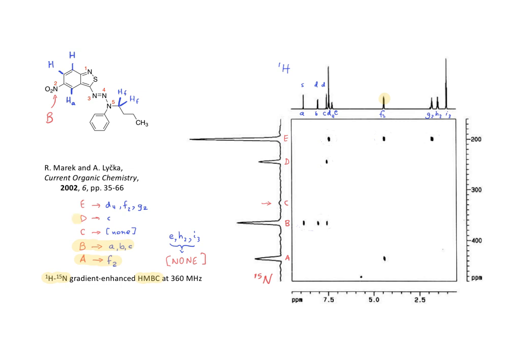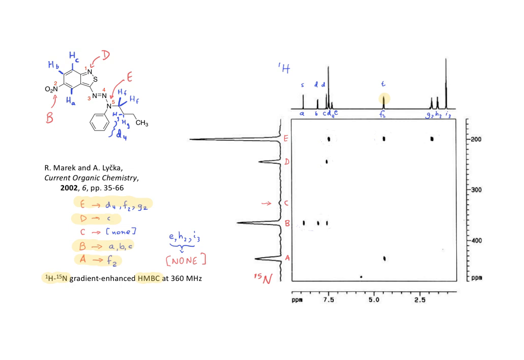For nitrogen D, we see only one correlation with an aromatic proton C. That makes sense with nitrogen D being the nitrogen number 1 on the isothiazole ring. And then nitrogen E, which correlates with aromatic D4, as well as with F2 and G2 of the alkyl region, is consistent with nitrogen 5.